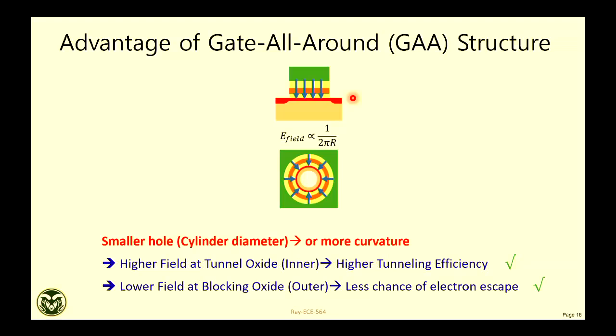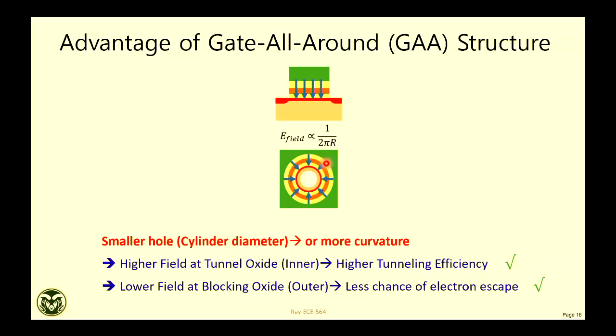So VFG is VCG times the coupling ratio alpha CH. If both these capacitors are the same, the coupling ratio will be half, right? But in 3D NAND, it will not be the case. If both these oxides are the same, what do you think? Will the coupling ratio be half, more than half, or less than half?